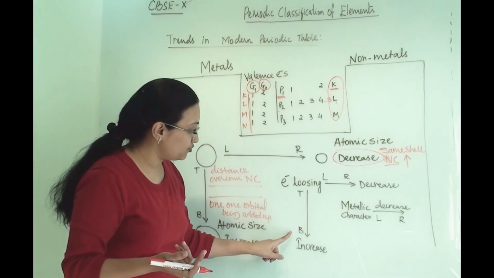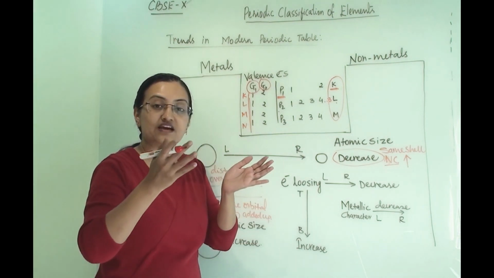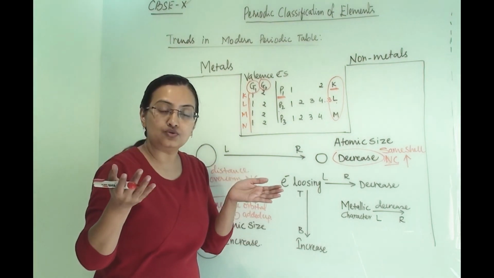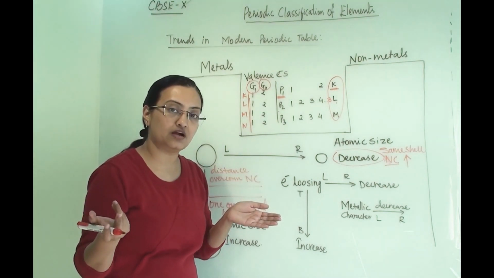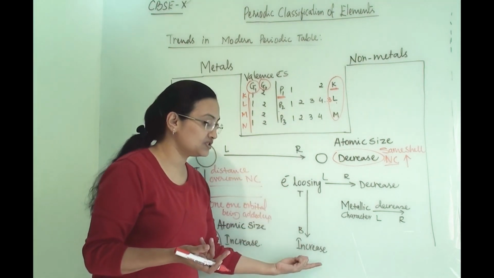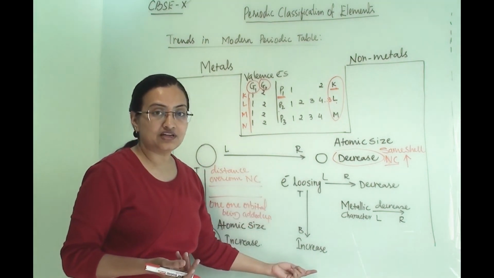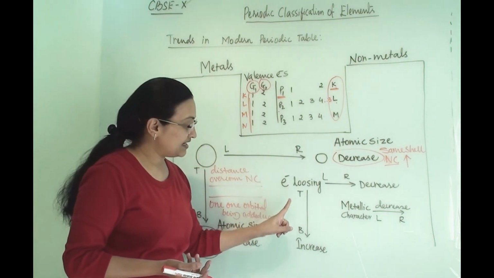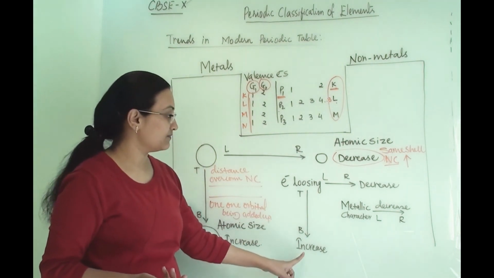Now from top to bottom the electron losing tendency will increase because as they are moving far from the nucleus, the nuclear charge will decrease and it is easy to take out the electron, and electron losing tendency will increase. And here the metallic character will increase. So that's why electron losing from top to bottom will also increase.